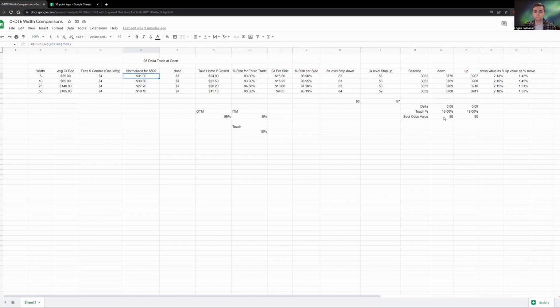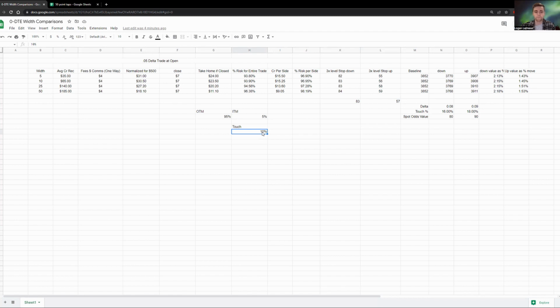We operate with rolling, because when you roll, you can actually use this touch percentage as your baseline. You can say, all right, unless our short strike gets touched, we're not even going to consider doing anything to this trade. If it does get touched, we will consider managing it depending upon the time of day or the situation we're in.